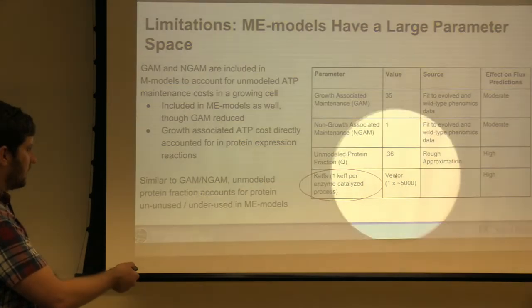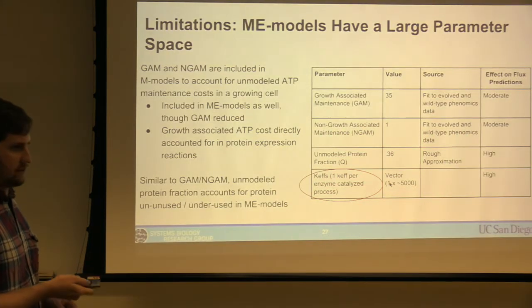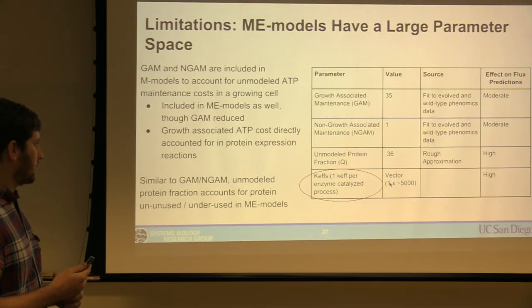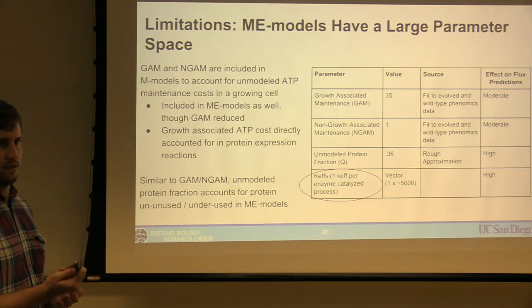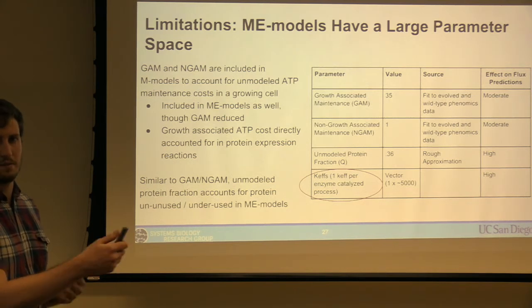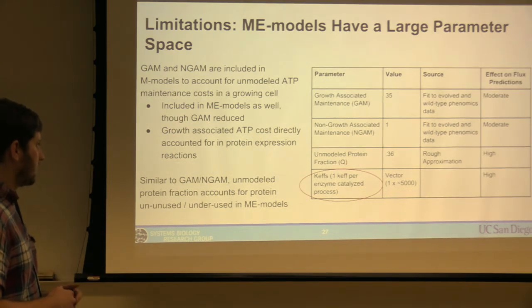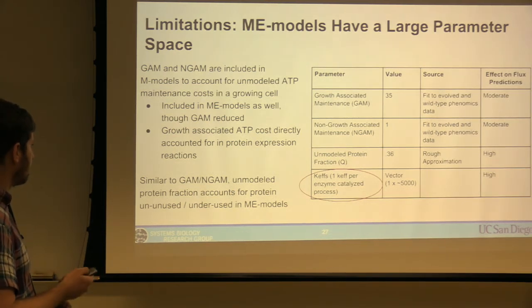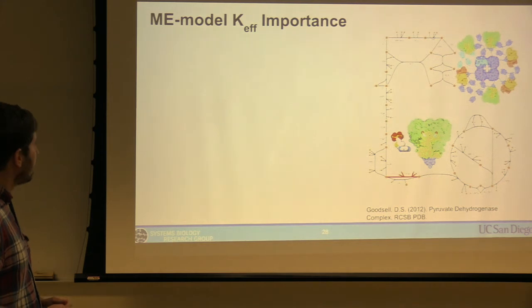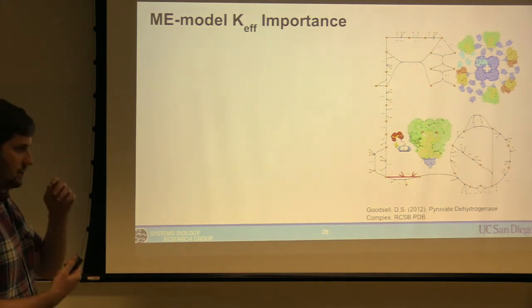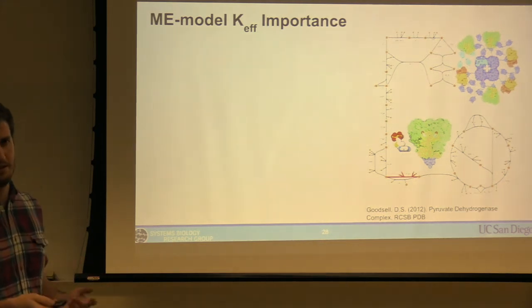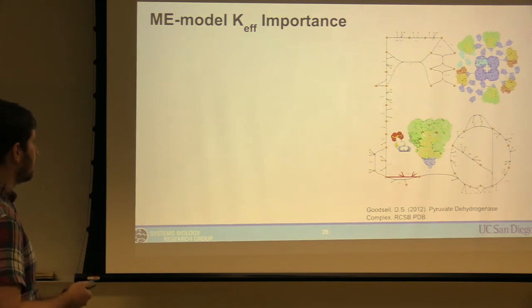So this is a vector of about 1 by about 5,000. It's a difficult parameter space to really understand, because in order to sample that solution space, we're going to need millions and millions of hours of computational time, which we don't really have. But in addition to being large and difficult to study, they're very important for ME model simulations.